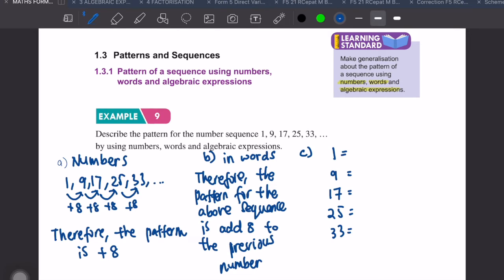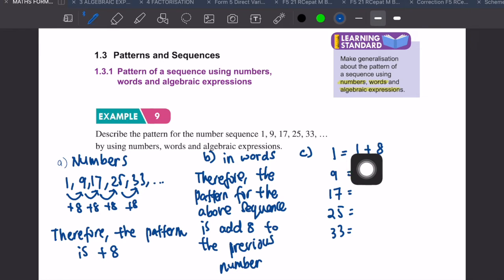We write 1, and to get to the next number we need to plus 8. To get the next number you need to plus 8. But here, 1 plus 8 is 9. You will get the next number already.